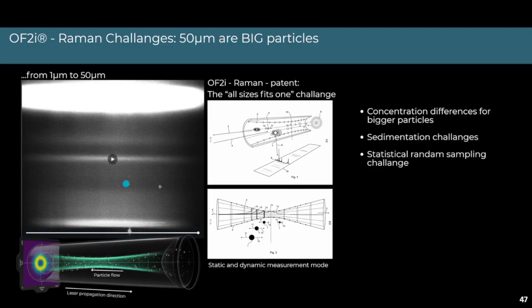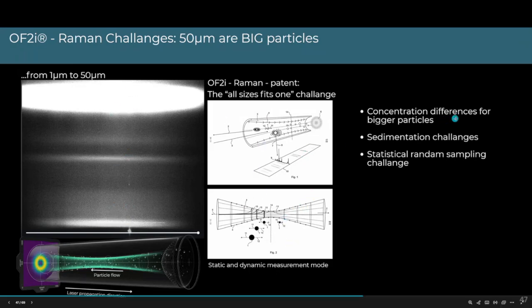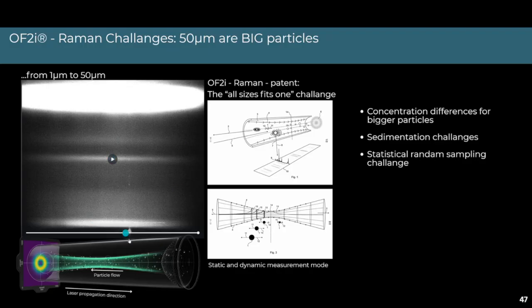So the challenge is to handle all the different ones, and we do this with our MATLAB script, to collect the data from the flowing ones and also from the standing, big ones. Now we are doing all the big and small ones in one evaluation step, so we have this all-sizes-fit-one challenge solved.